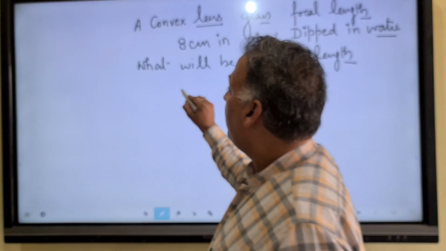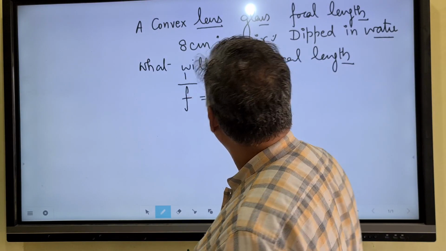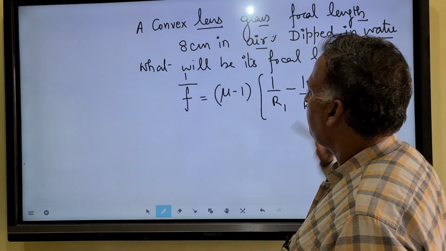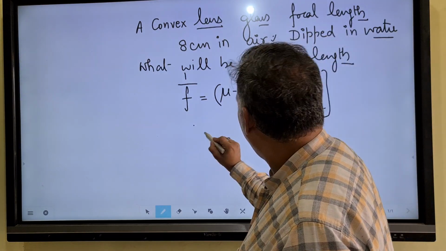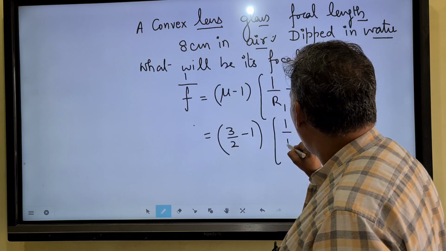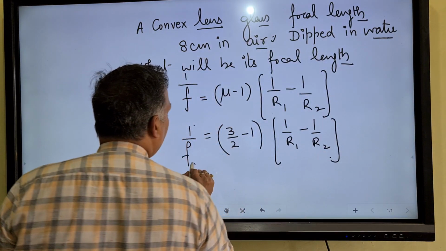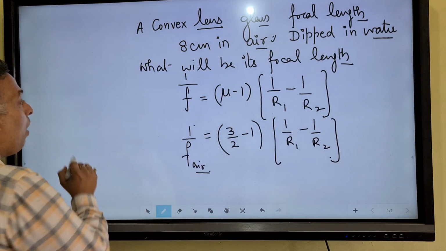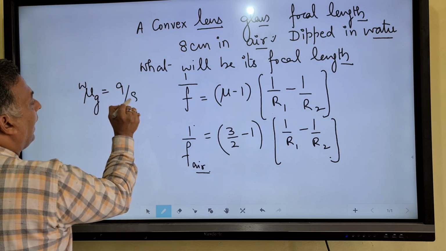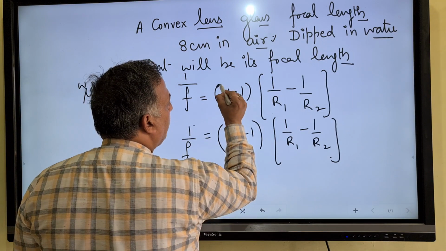So how do we solve it? 1 by f is equal to mu minus 1 into 1 by r1 minus 1 by r2. In air, it is 3 by 2 minus 1 into 1 by r1 minus 1 by r2. Now you dip it in water, the glass with respect to water becomes 9 by 8, instead of 3 by 2, which was the refractive index of glass with respect to air.